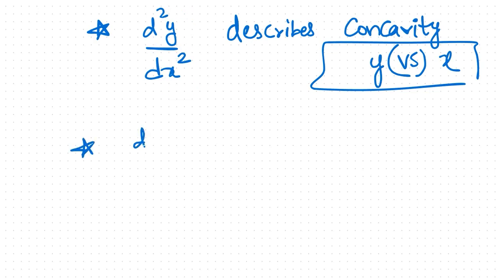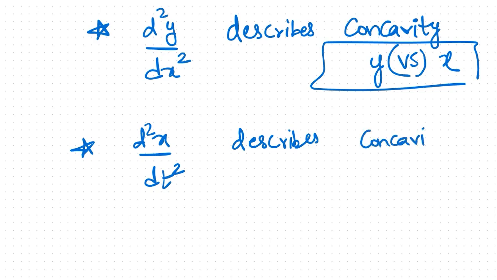Similarly, d2x upon dt square describes the concavity of the x versus t graph.